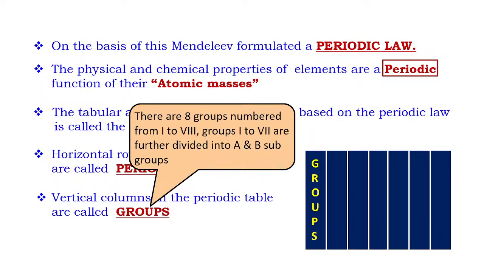In your exam, the question is asked like this: does the atomic size of the element increase or decrease if you go from left to right in the period? What will happen to the atomic size if you go down the group? They will ask up, down, left side, right side. You know, in the India map we practiced like that, the rivers from south to north, north to south, east to west. The same way in chemistry, they'll ask you questions like that.